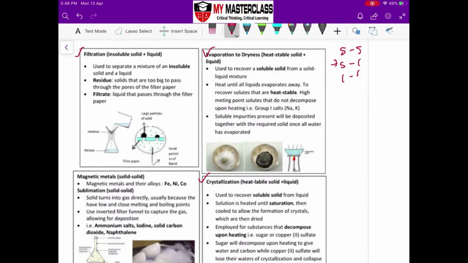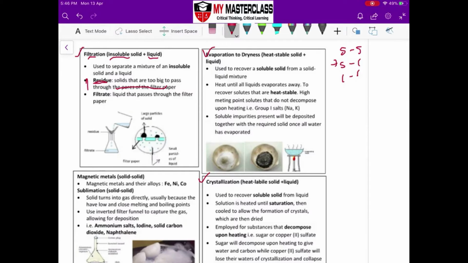Okay, for solid liquid mixtures, we can separate insoluble solid from liquid by filtration. Filtration is the method to separate insoluble solid from the liquid. The rationale behind why it works is solids that are too big to pass through the pores of the filter paper will be stuck on the filter paper as residue.